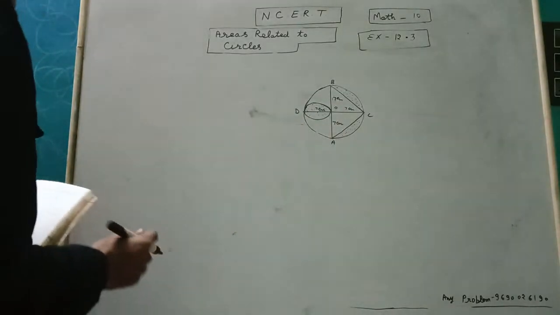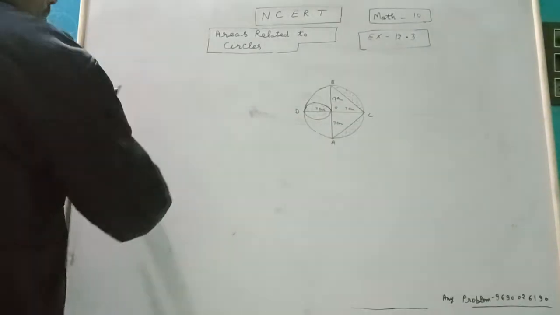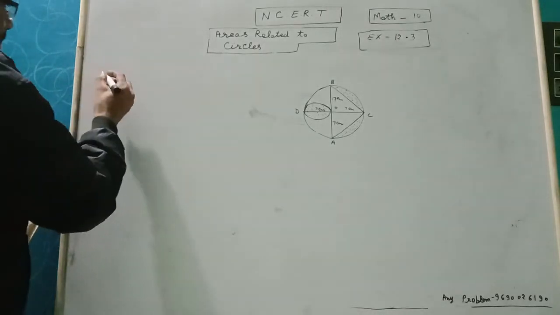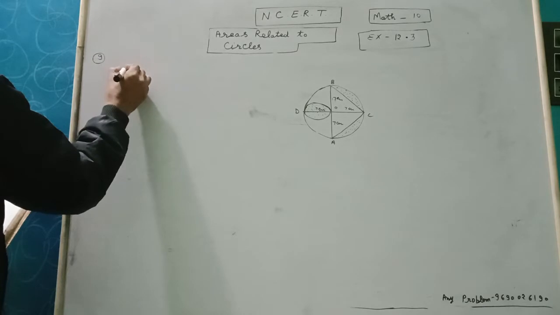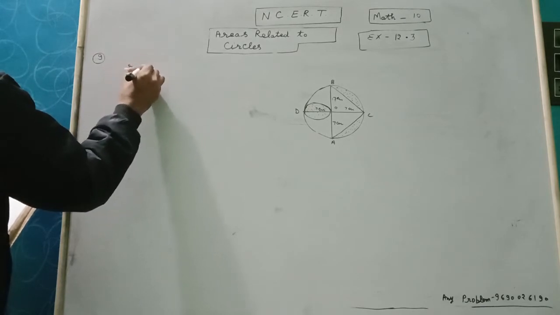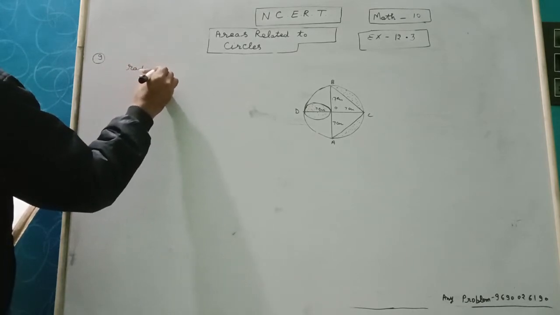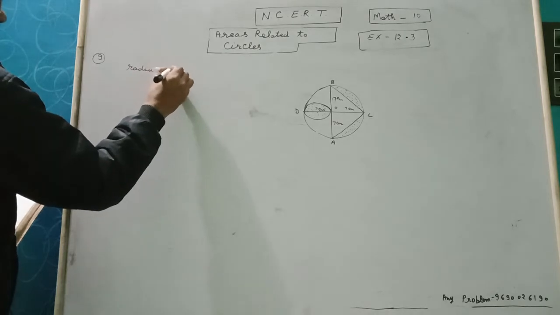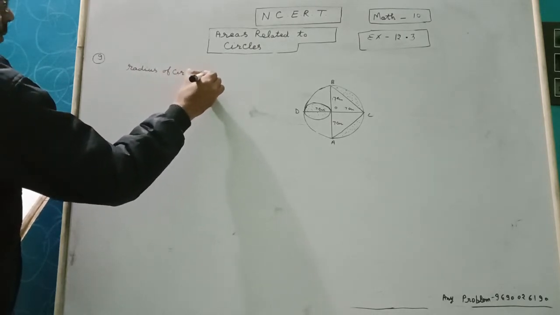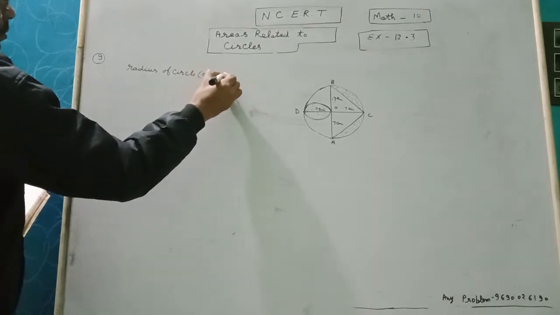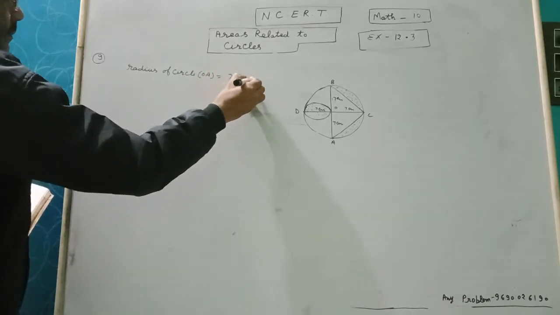All are radii of the circle. In question number 9, the radius of the circle OA is equal to 7 cm.